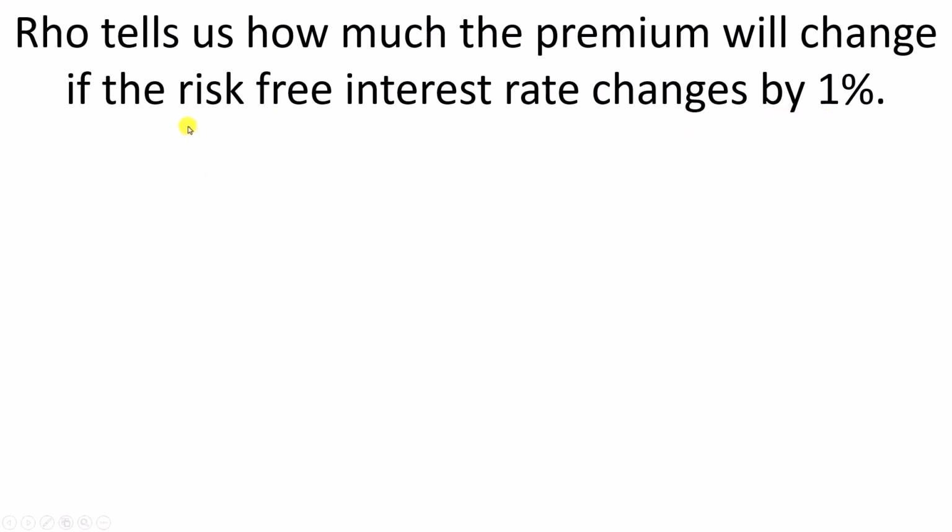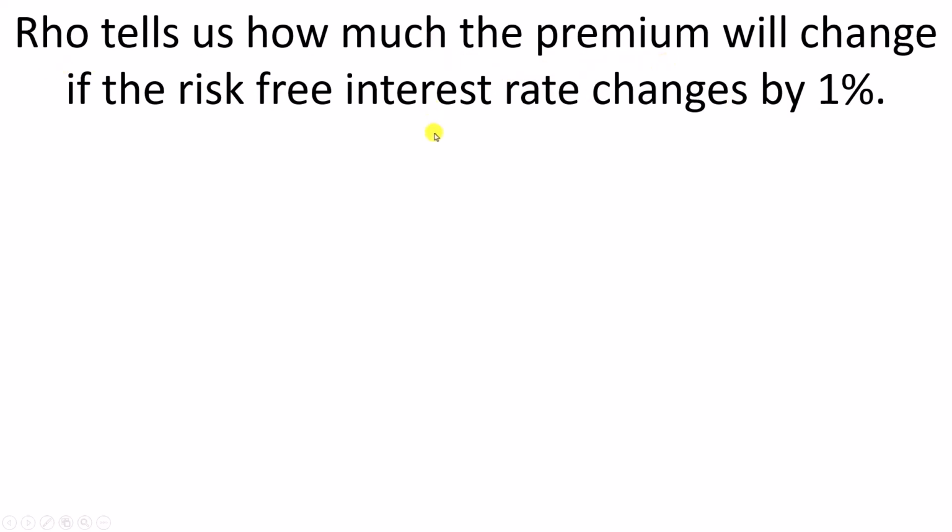Now, when we say risk-free interest rate, it is mainly in government bonds or treasury bills. So, when this changes by 1%, either in the positive or negative direction, how much the premium will change, that is what rho tells us.